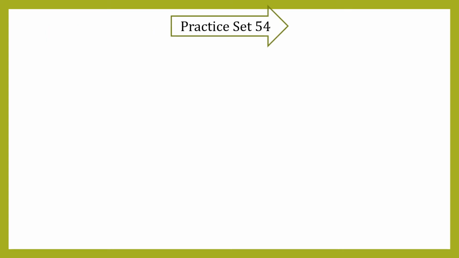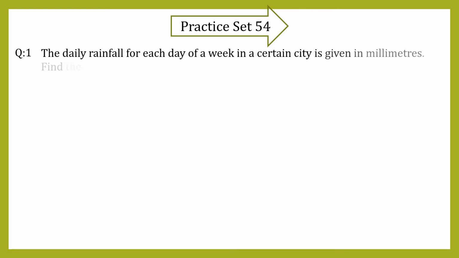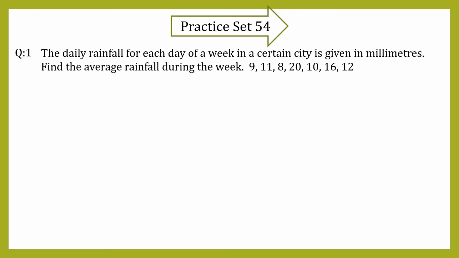Practice set 54, question number 1. Let's read the question. The daily rainfall for each day of a week in a certain city is given in millimeters. Find the average rainfall during the week. Now, dear children, in this question, we have been given readings of the rainfall in a city in a particular week.